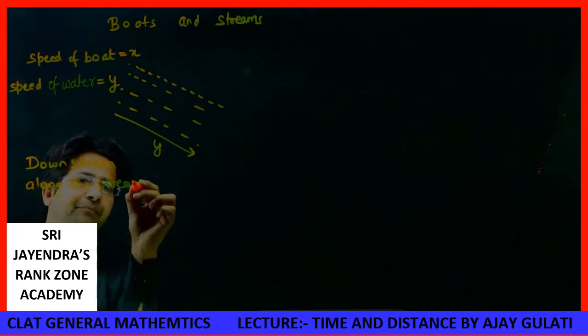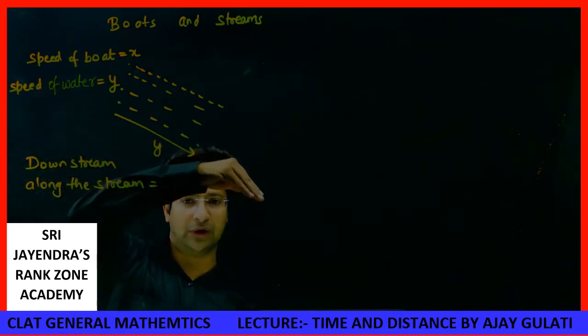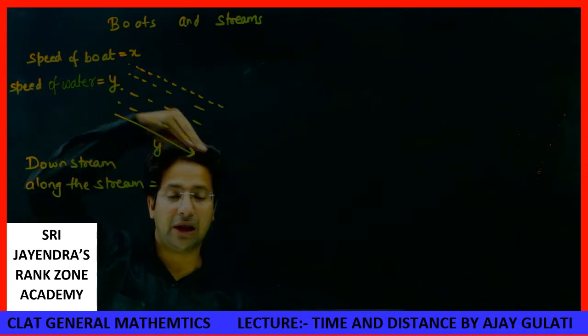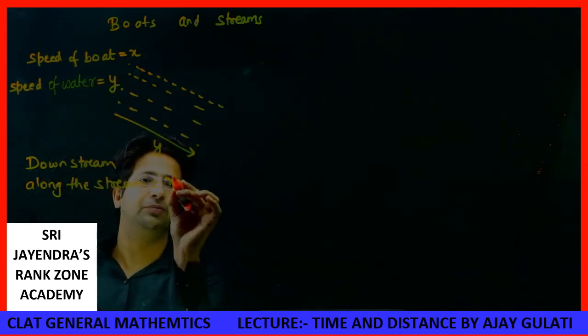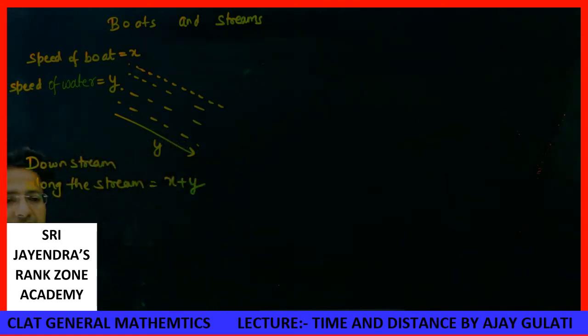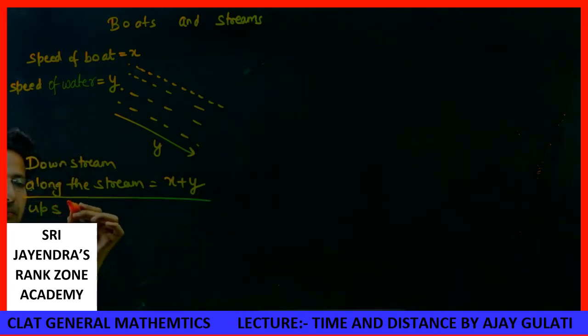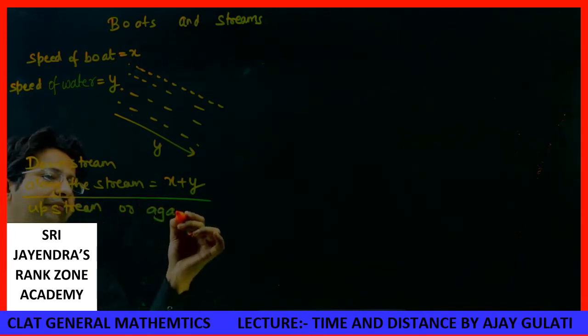Okay, so when the boat is going downwards, what happens? The water helps the boat, so the total speed of the boat becomes x plus y. The total speed of the boat becomes x plus y. Other thing is upstream, or against the stream.